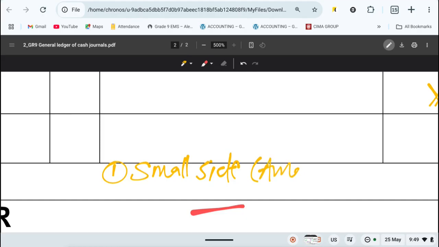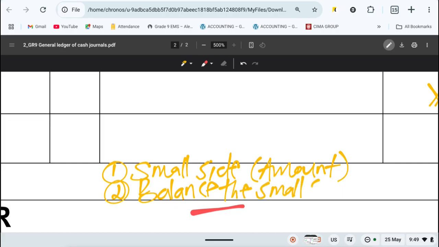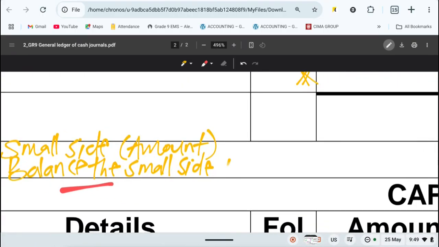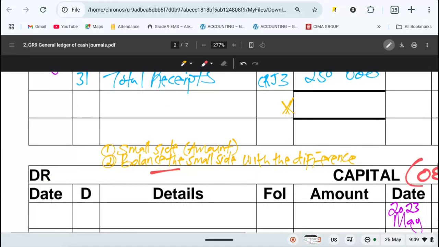Let me write this. Okay, number 2, balance the small side with what? With the difference, with the bigger side.